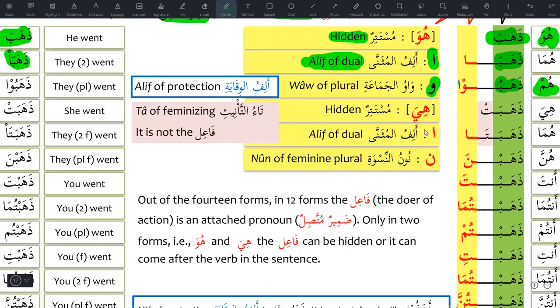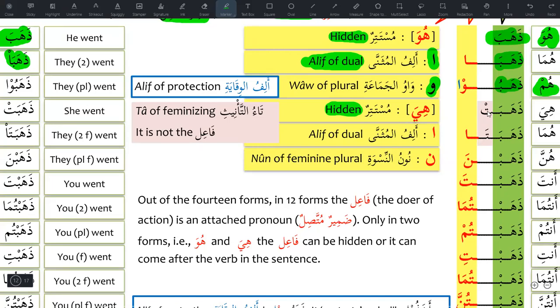Then for the third person feminine, hiya. In hiya, zahabat, zahaba is a verb, fail. And hiya is hidden here, like huwa. Like huwa, hiya is hidden here. And ta.